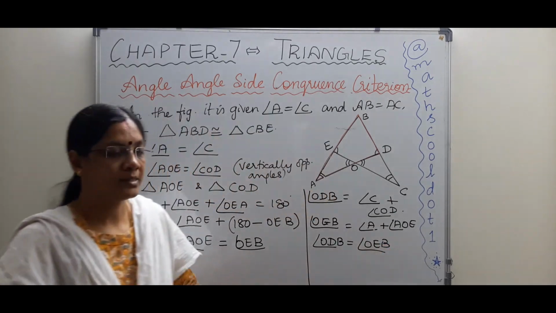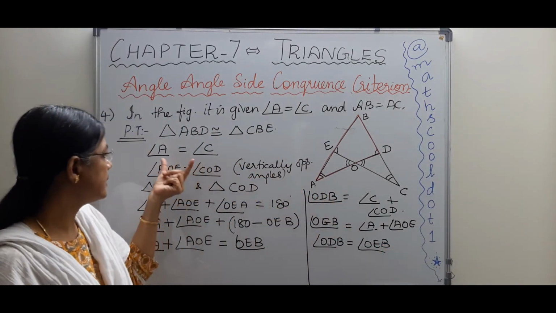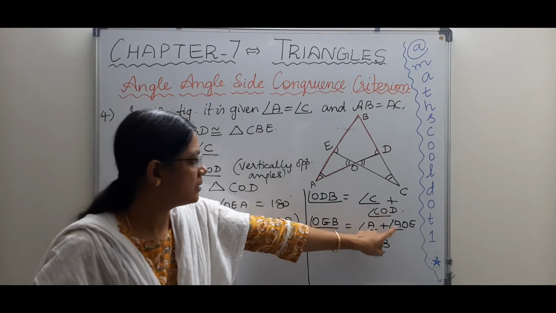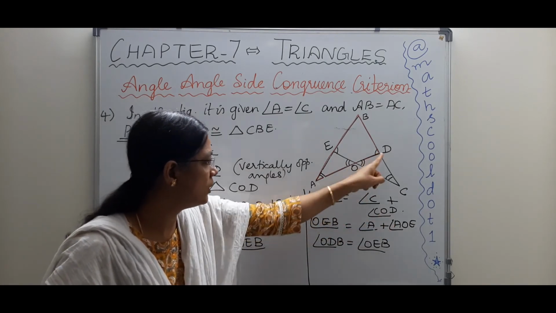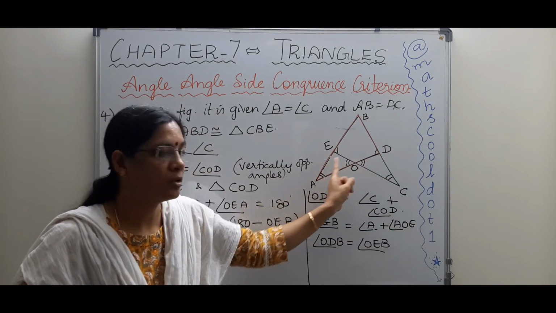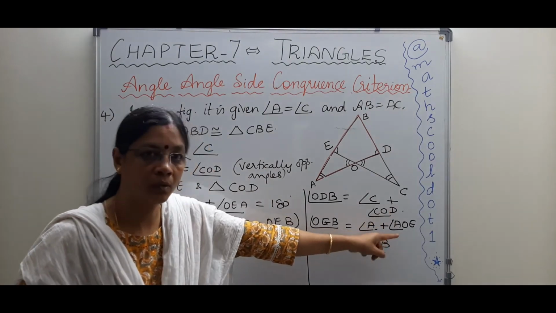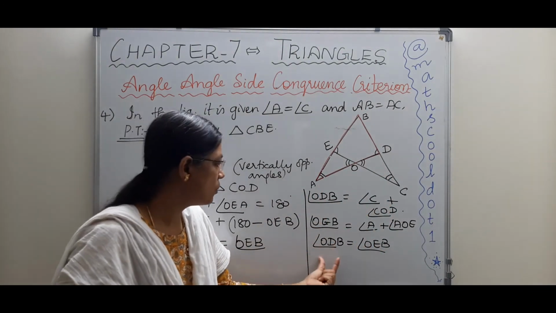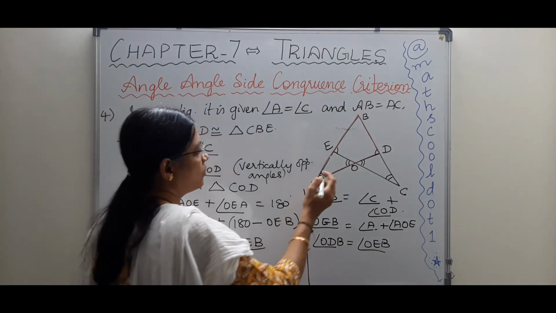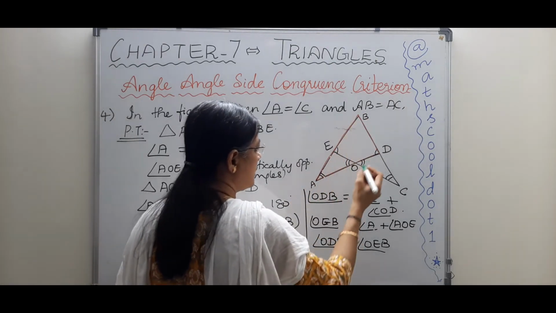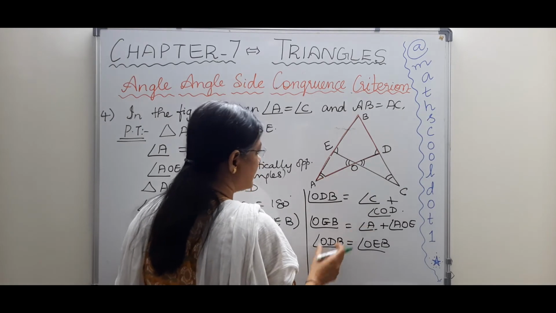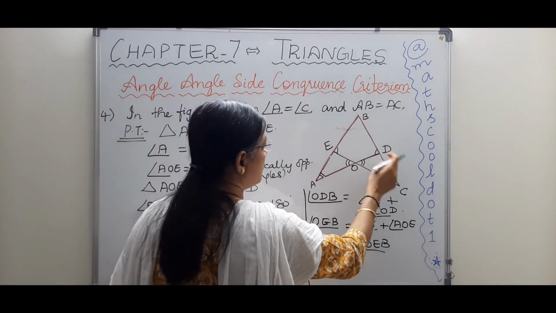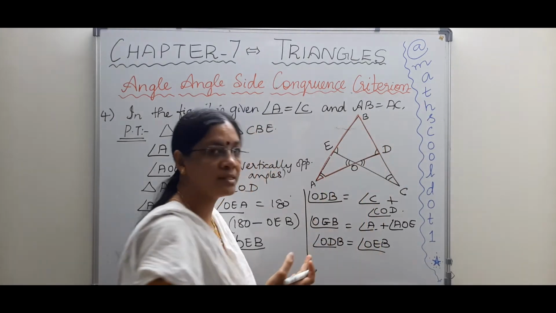Why? Once again I'll say, because angle A is equal to angle C we have, and COD and AOE are equal because they are vertically opposite angles. Okay, since the right hand sides are one and the same, the left side has to be equal. So ODB is equal to OEB. What is OEB? OEB is equal to ODB. So let's write this ODB as ADB. Anyway, it's the same, right?